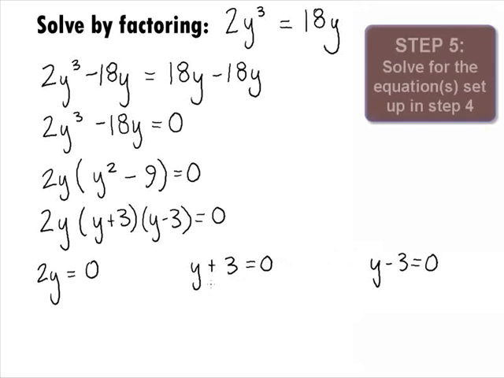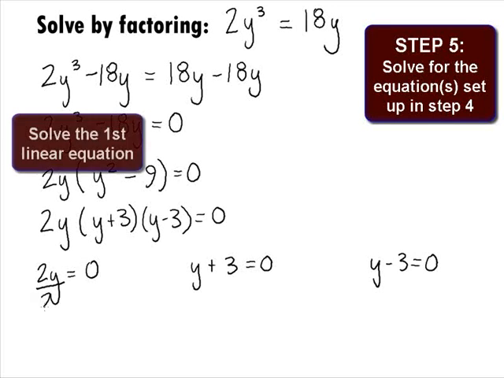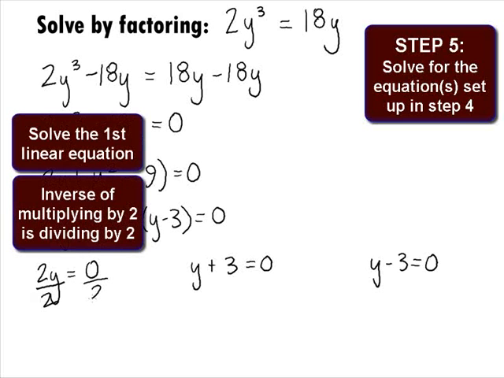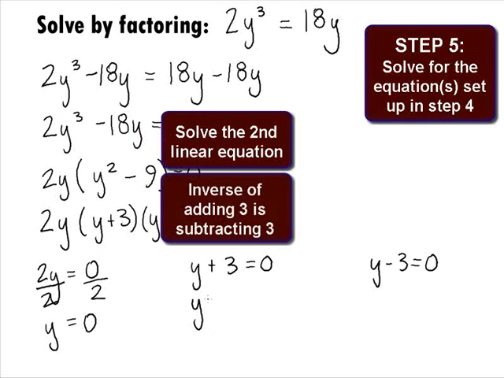In step 5, we want to solve the linear equation set up in step 4. Looking at that first equation, we can divide both sides by 2 and get y equals 0. Looking at y plus 3 equal to 0, the inverse of add is to subtract 3 from both sides, so we will have y plus 3 minus 3 equals 0 minus 3, which will simplify to be y equals negative 3.